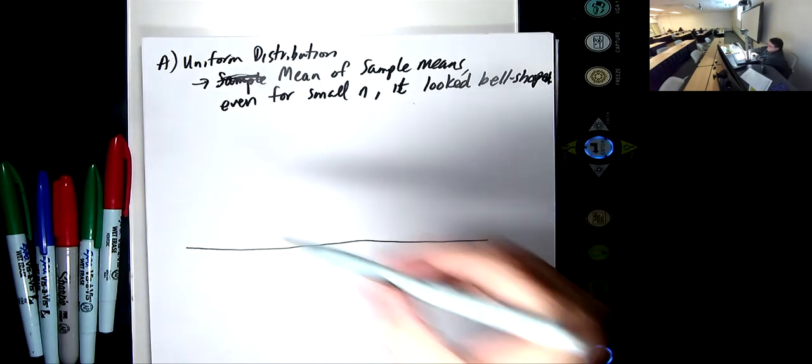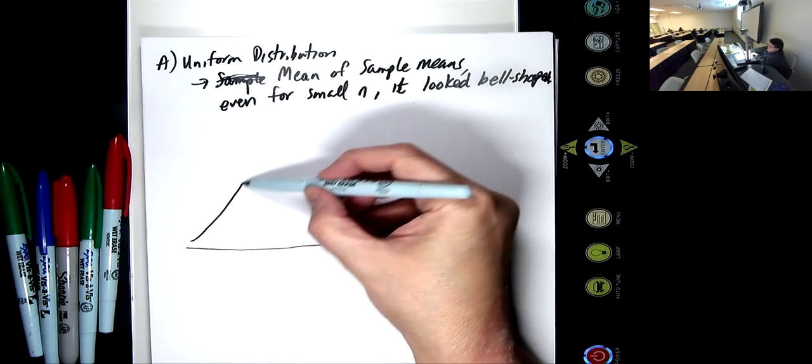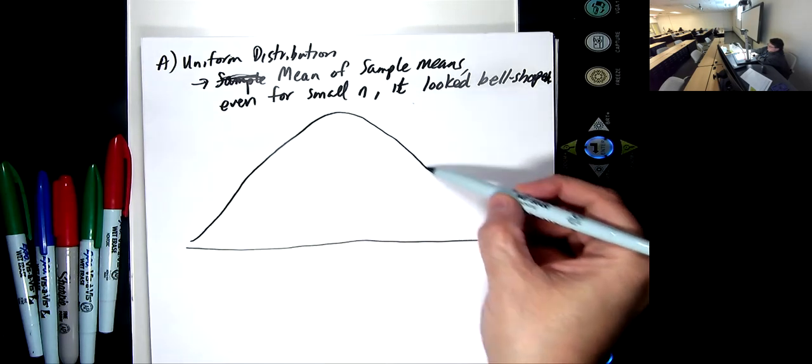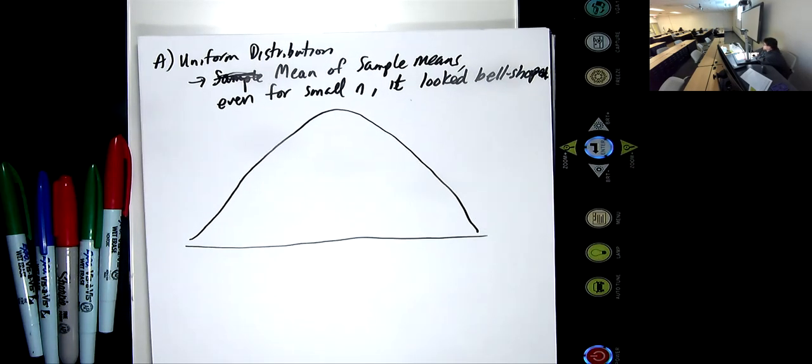It wasn't a very good bell shape to begin with. It was kind of a flat triangle. It looked like a triangle with the first two.